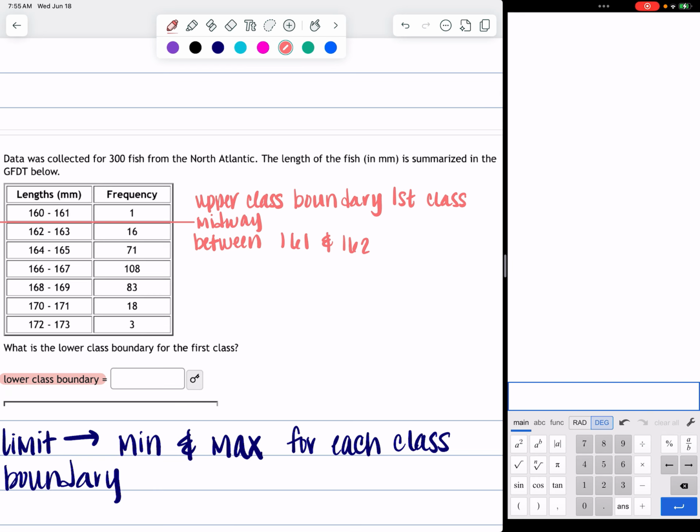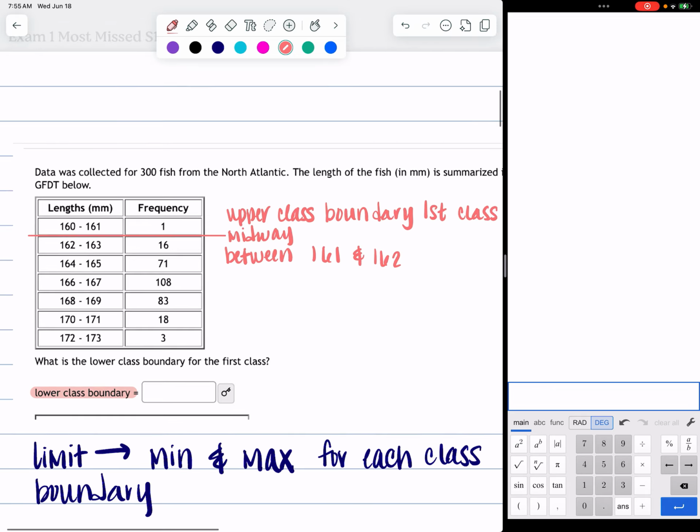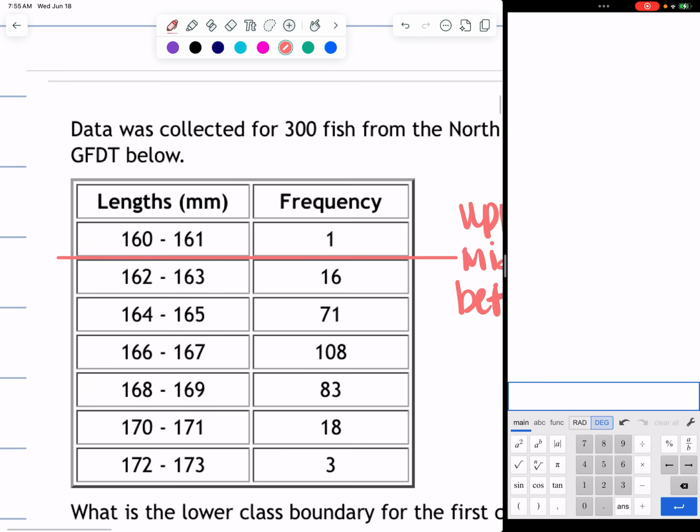In this case, we want the lower class boundary for the first class. So to find the lower class boundary, I don't want to be on the top end. I want to be up here on the bottom end. Well, Ms. Graham, there's not something up there for it to be in between. We'll make a class there.